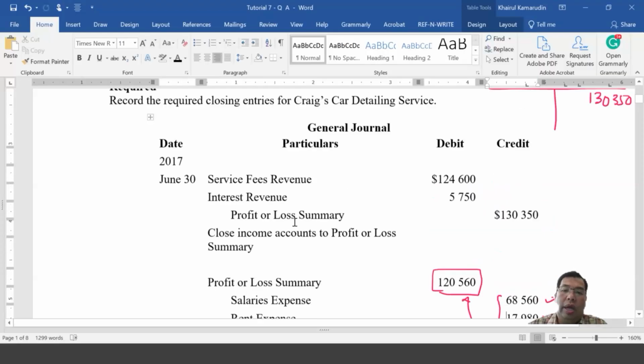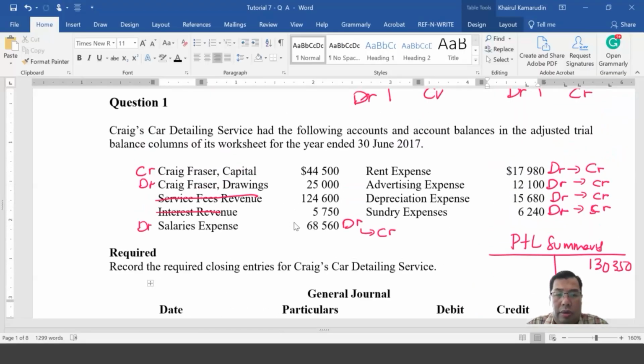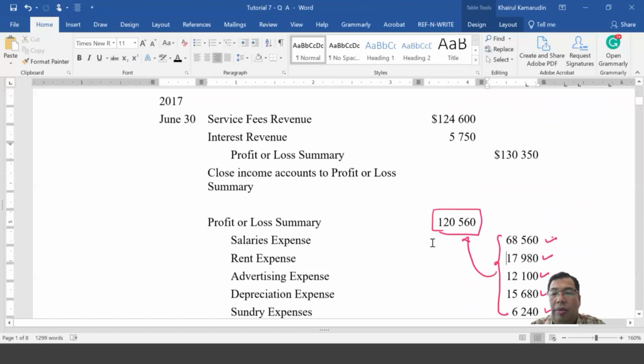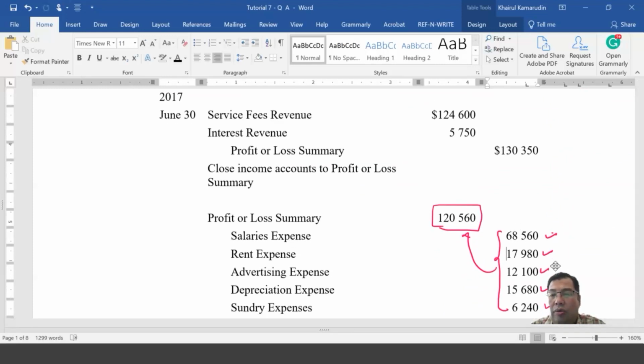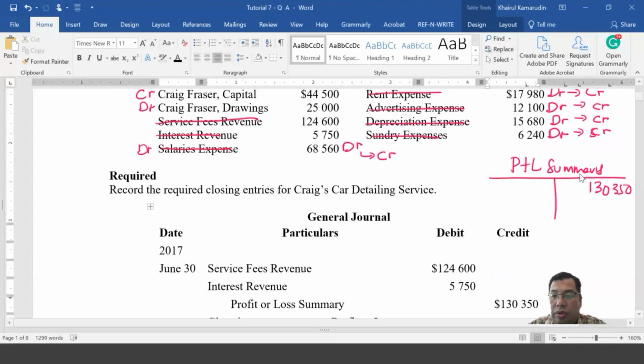Okay, now we already closed our salaries expense, rent expense, advertising expense, depreciation expense, and sundry expense. So what will be our debit side? 120,560. This is your revenues, and this is your expense.